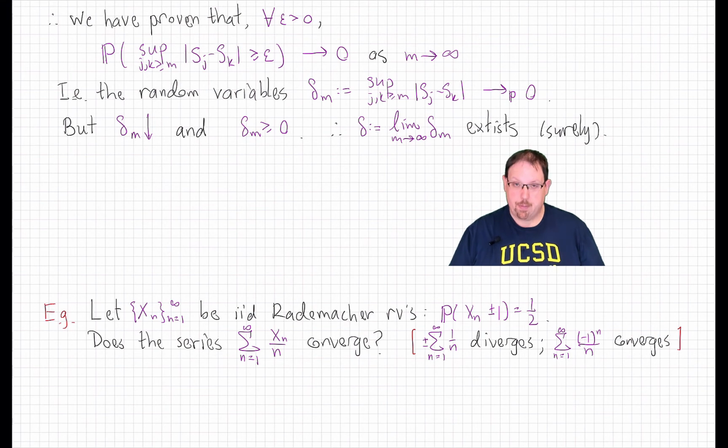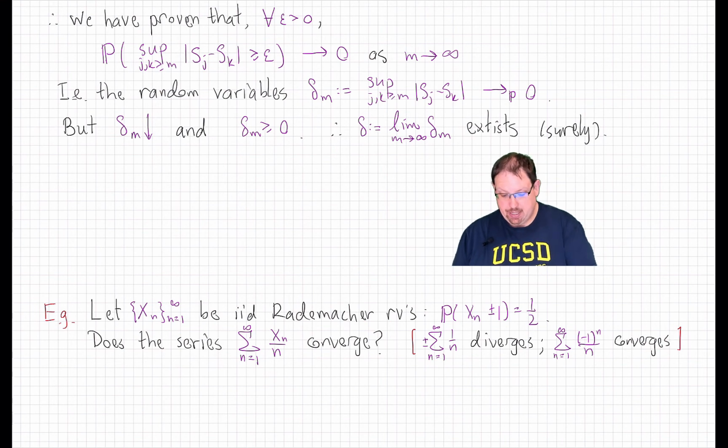But that random variable, delta m, as a function of an integer m, is a decreasing random sequence. Indeed, if I take the supremum over a set that starts at m plus 1 instead of m, that's a smaller set of indices, and so the supremum can only shrink. So I have a decreasing sequence of non-negative random variables, and a decreasing sequence of non-negative numbers has a limit.